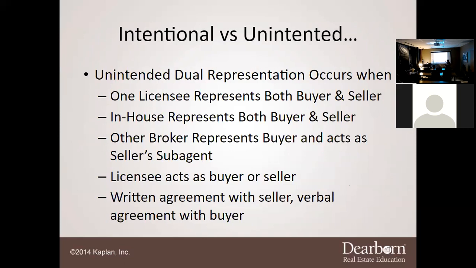Another broker represents the buyer and acts as the seller's sub-agent. The licensee has a written agreement with the seller, but only a verbal agreement with the buyer. These are where you can run into these issues. You've got to make certain by all means that you don't allow this to happen.